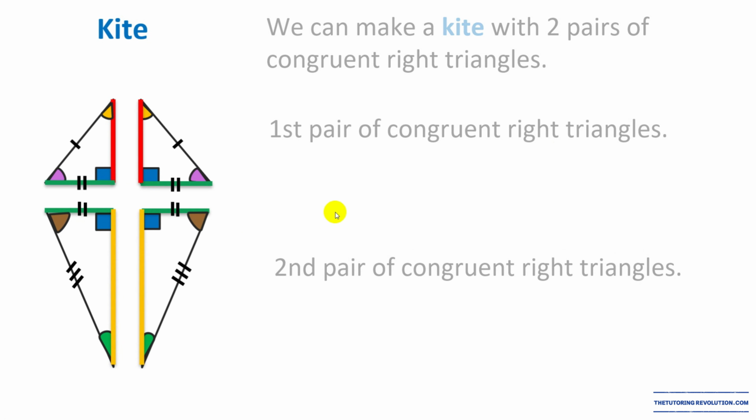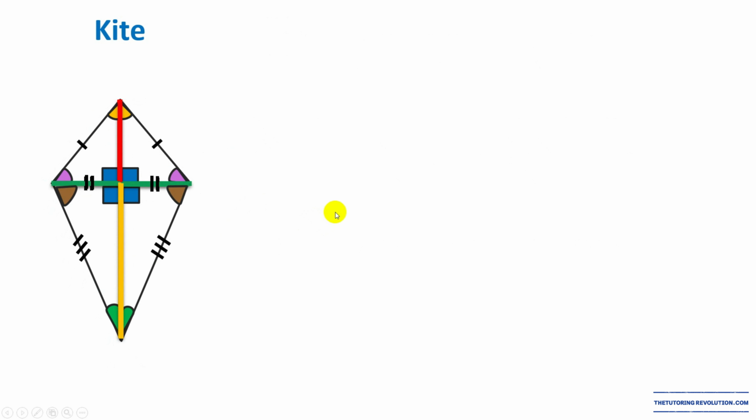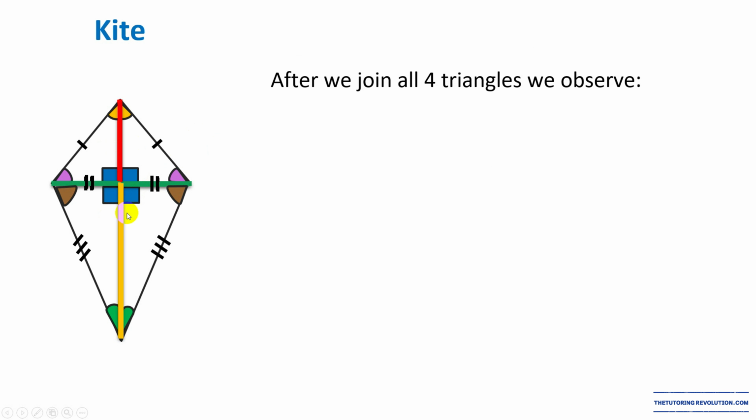If we join them together, we get a kite. Basically, every time you have two right triangles that are congruent to each other, this is the first pair, and this is the second pair of congruent right triangles, and we join them together, we have a kite, and we can analyze the properties more easily by doing so.